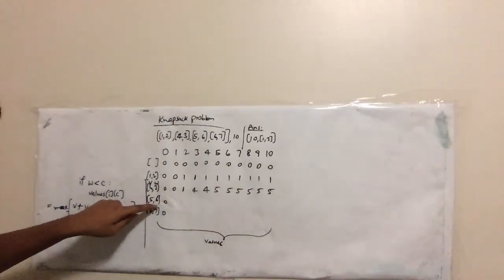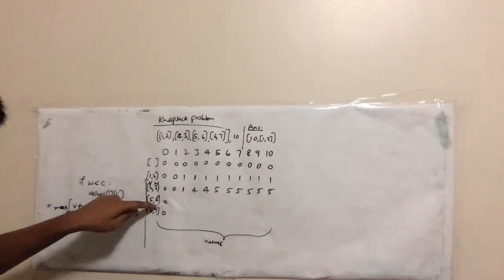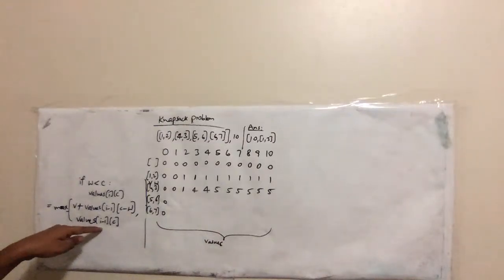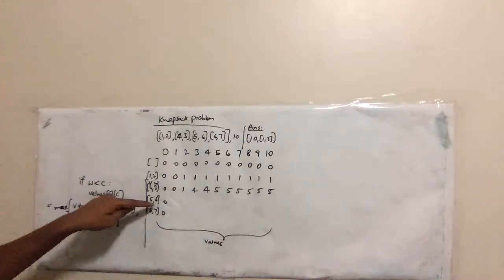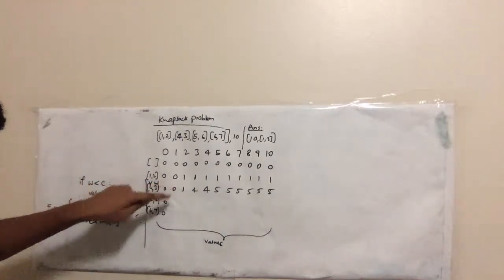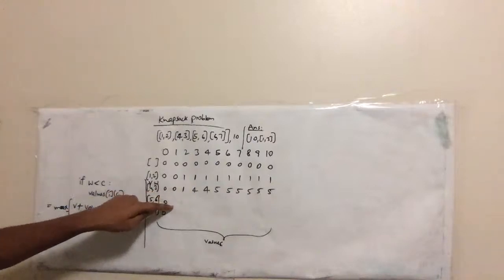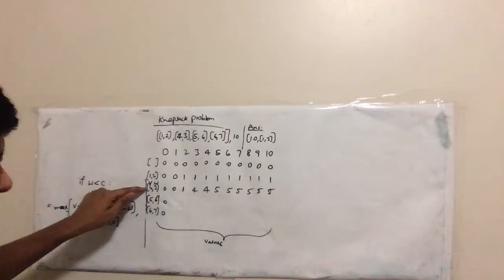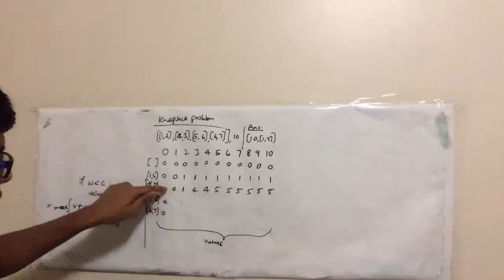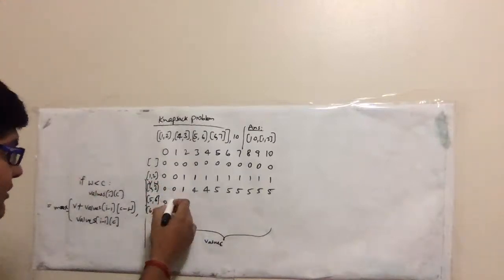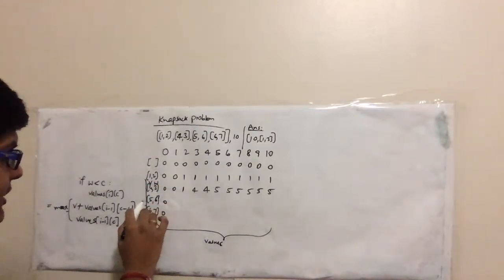It is obvious that we can't keep this 6 item in the bag below. So what will happen? If we can't take this item, we will just place what is present above and keep this below, because this is not considered. That is the value which we will get by not taking this.